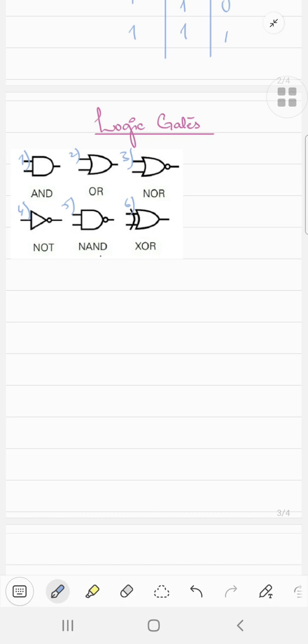I'll also attach in the video the reference from where I have taken the past paper, but let's just reach to that point. Till then, first let's learn the logic gates and its expressions.